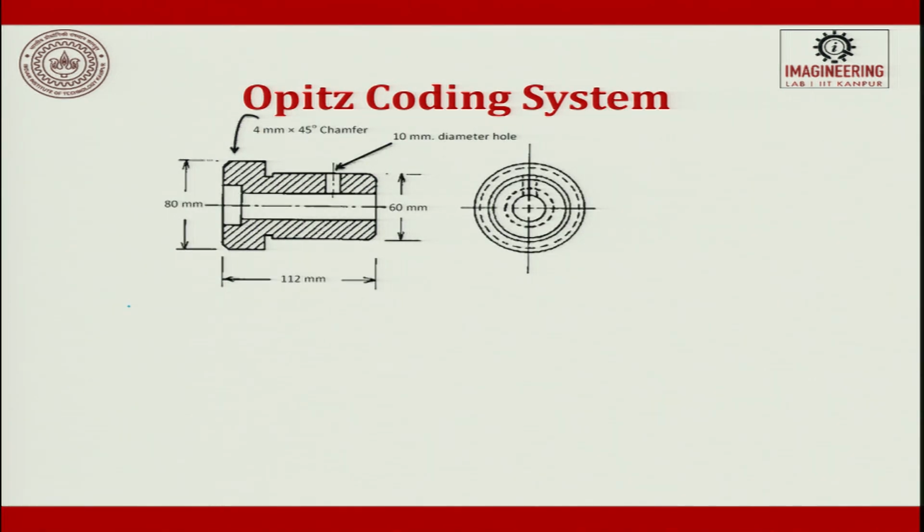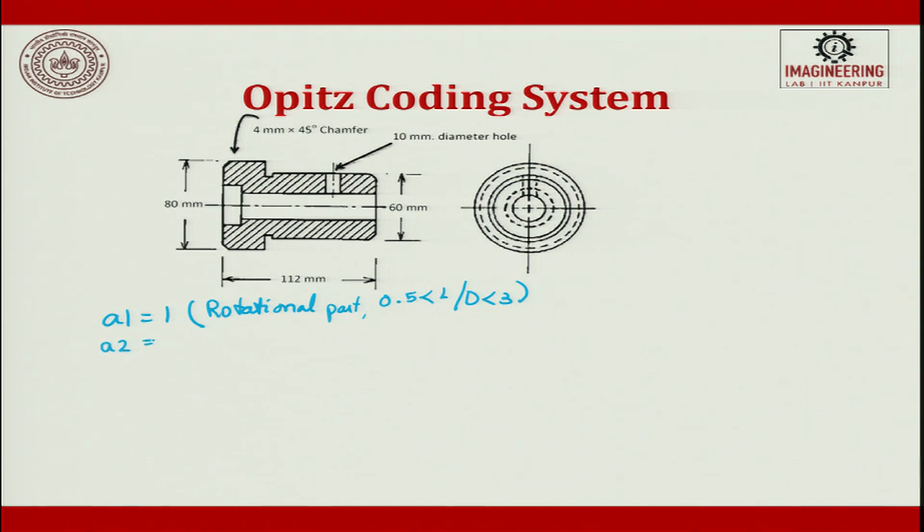So, let us start doing it. A1 is equal to 1, the rotational part, where the dimension L to D is greater than 3. So, that is A1.